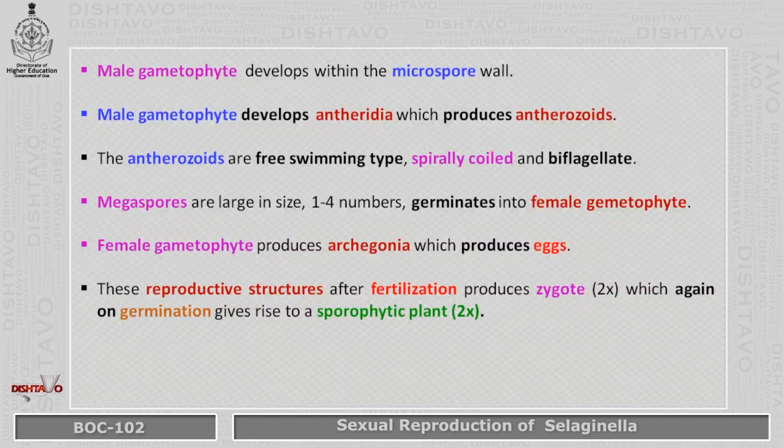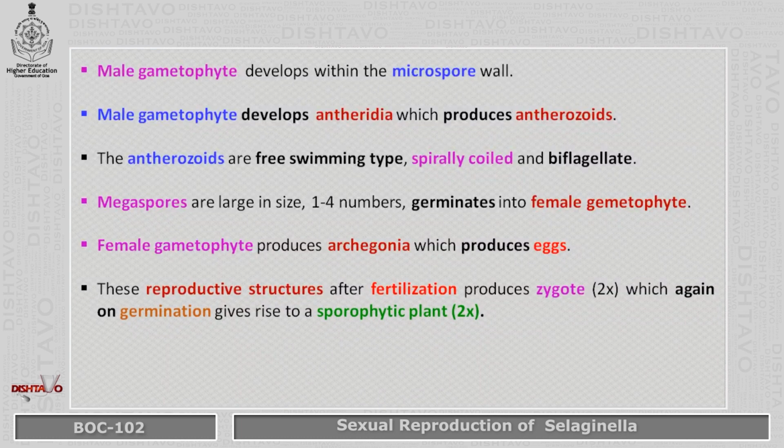The anthrozoids are free-swimming, spirally coiled and biflagellate. Megaspores are large in size, 1 to 4 in number. They germinate into the female gametophyte. The female gametophyte produces archegonia, which produce eggs.